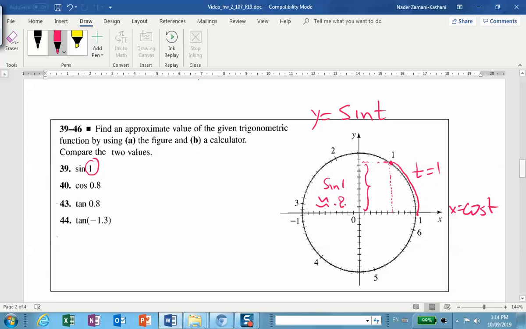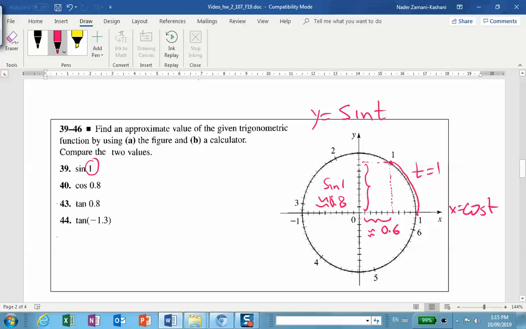Now we are not asked to find the cosine, but if we wanted to, it's going to be approximately 0.6. This is 0.8, and that is 0.6.